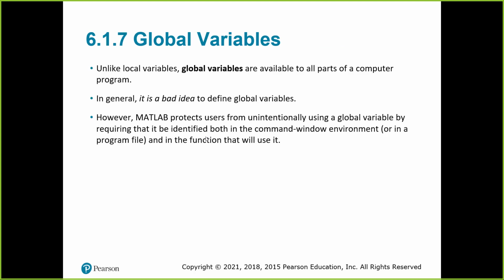Global variables. You can do global variables. This is the only way of being able to access external variables from a function, is to declare them as global. But it's generally not advisable to do this.